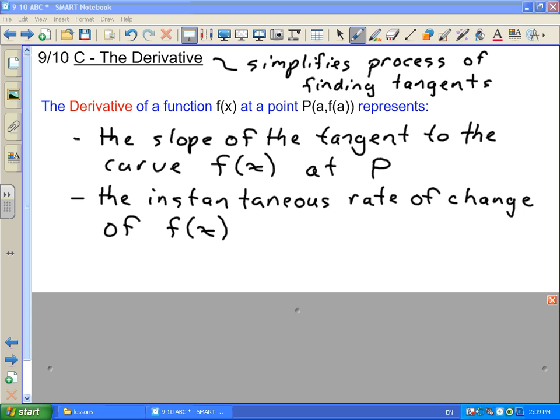What is it changing with respect to? Well, it's changing with respect to x. Again, at point P.